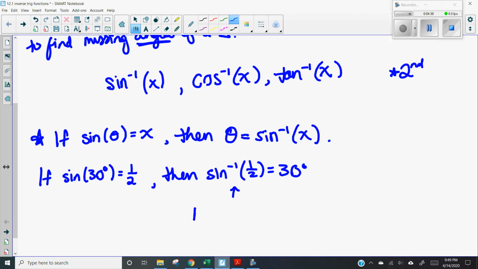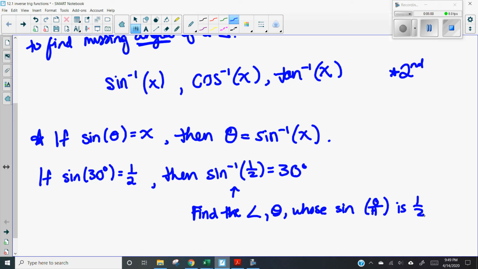So let's write this out. You're telling the calculator to find the angle theta whose sine, or opposite over hypotenuse, is 1/2, or reduces down to 1/2. That's what that is finding for you.